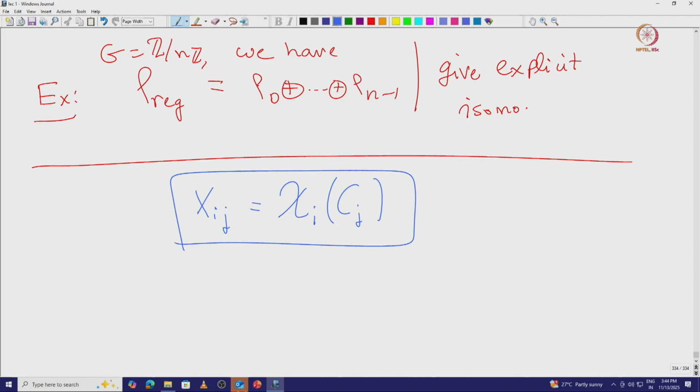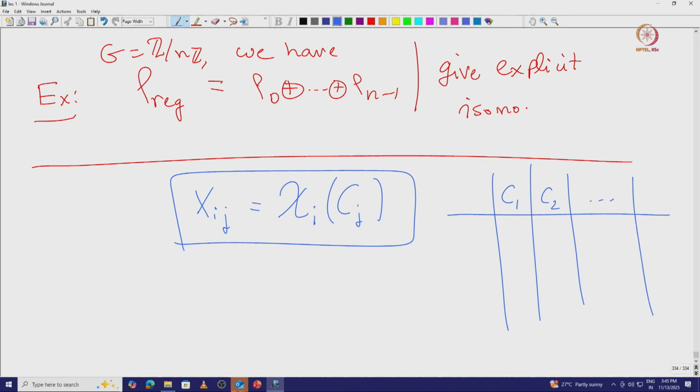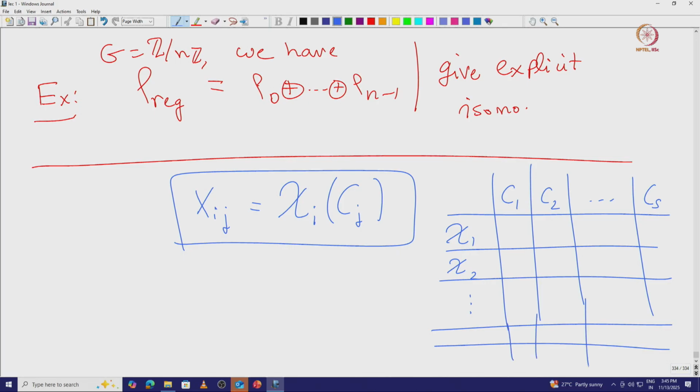The character table is given by this s by s matrix X ij. Like I said, you write these conjugacy classes here and the characters here. Then the ij-th entry is chi ij, which is exactly equal to chi i of Cj.